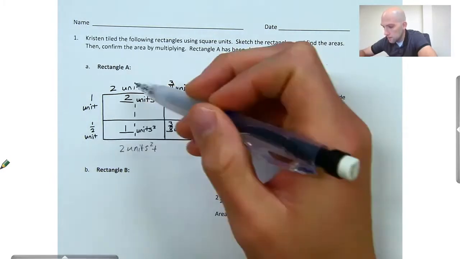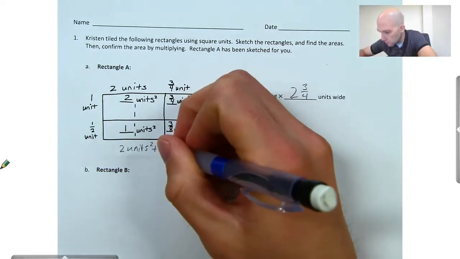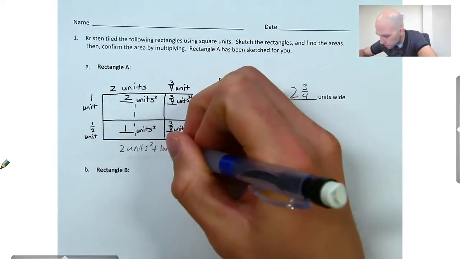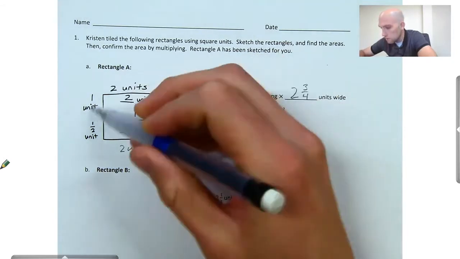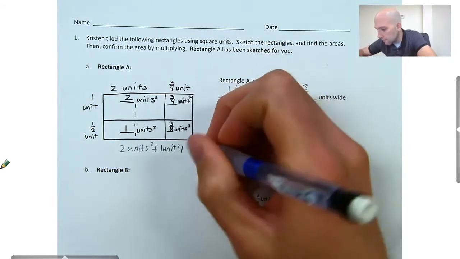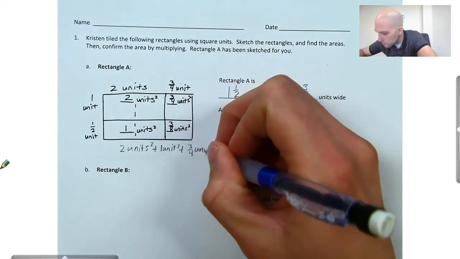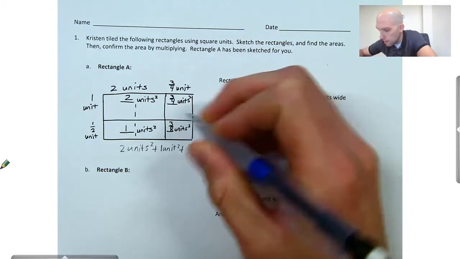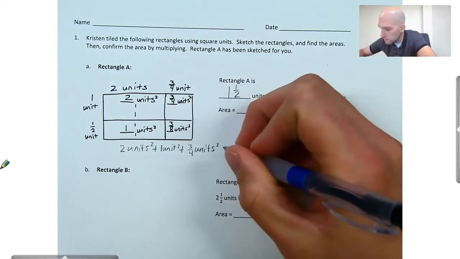plus 2 units by a half unit, which will give us 1 square unit, plus 1 times 3/4, which will give us 3/4, and then 3/4 times 1/2, which will give us 3/8.